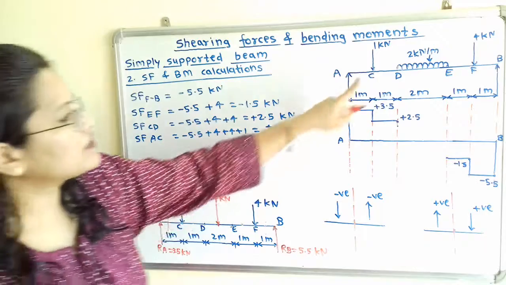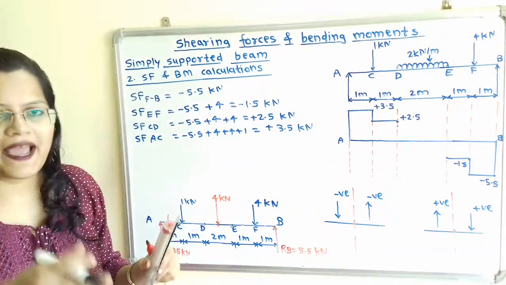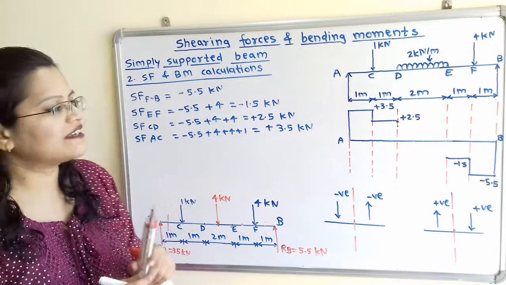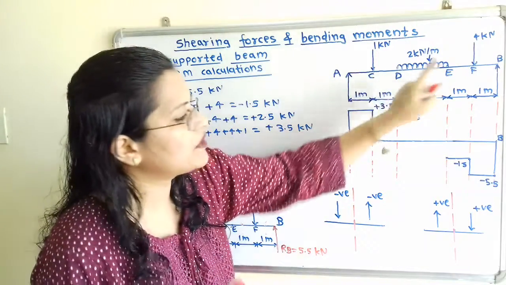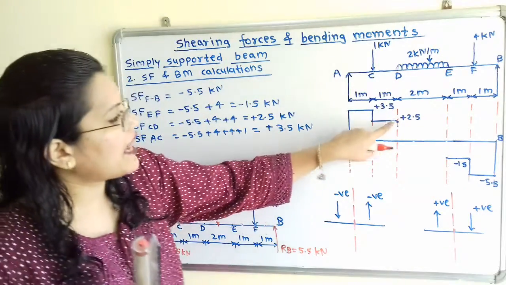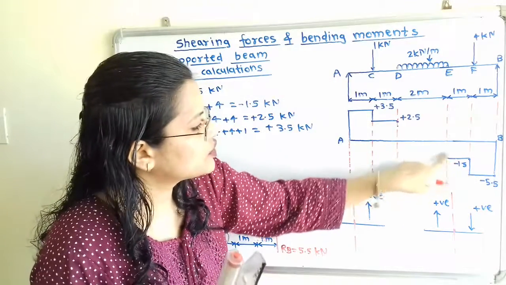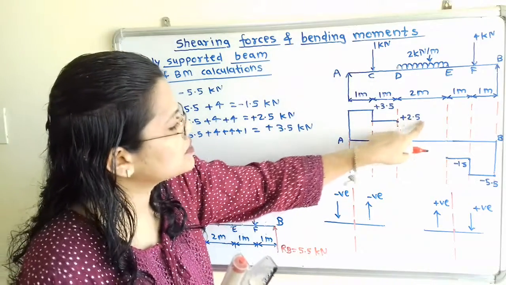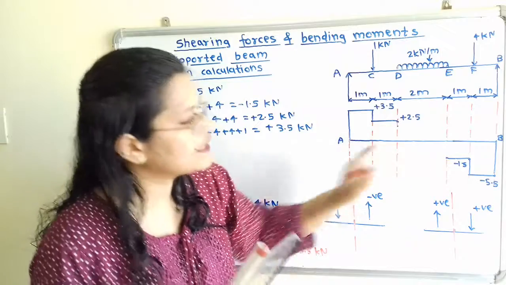But what about the span D to E? Now this D to E span has a uniformly distributed load, and we know that shear force varies linearly due to a uniformly distributed load. That means we have to join these 2 points, that is at point E shear force is minus 1.5 and at point D shear force is plus 2.5, and in between DE it will vary linearly.